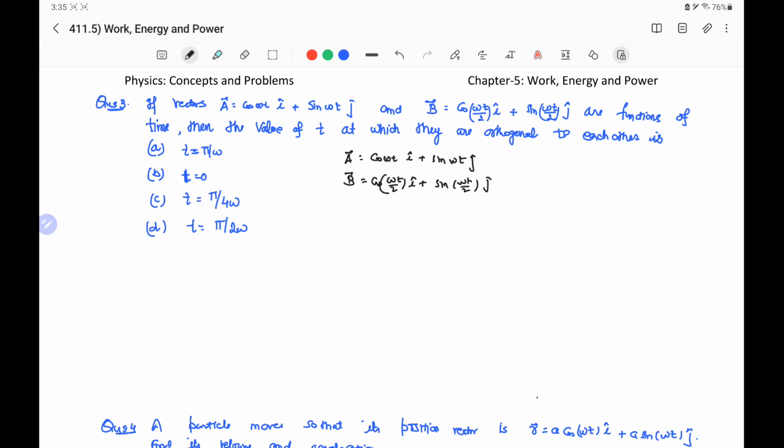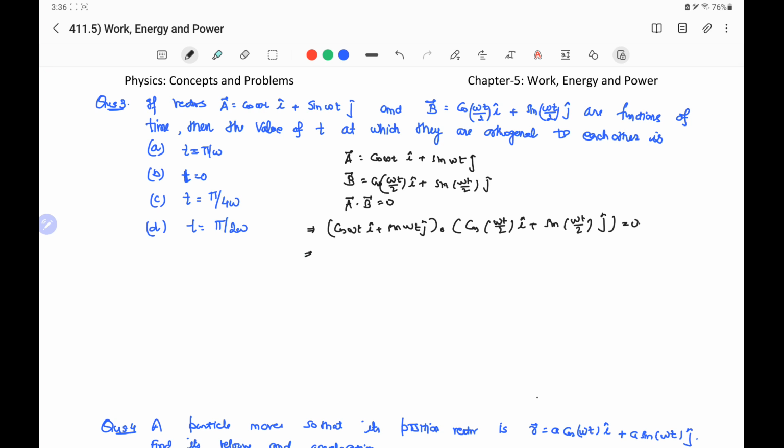That means they are perpendicular to each other. So their dot product will be 0. So substituting the value here, this will be cos omega t i plus sin omega t j, this is the vector A, dot product with B, which is cos omega t by 2 i plus sin omega t by 2 j, that is equal to 0.